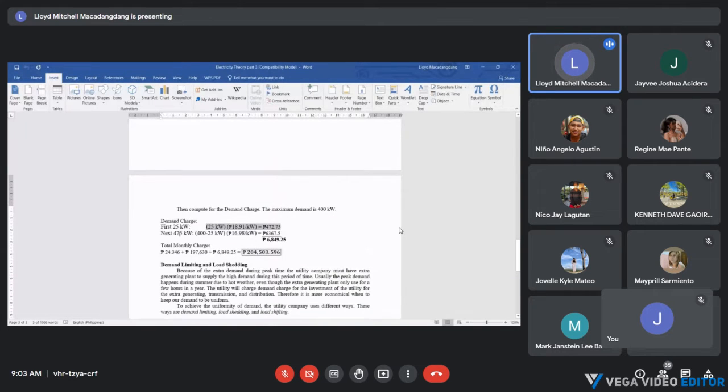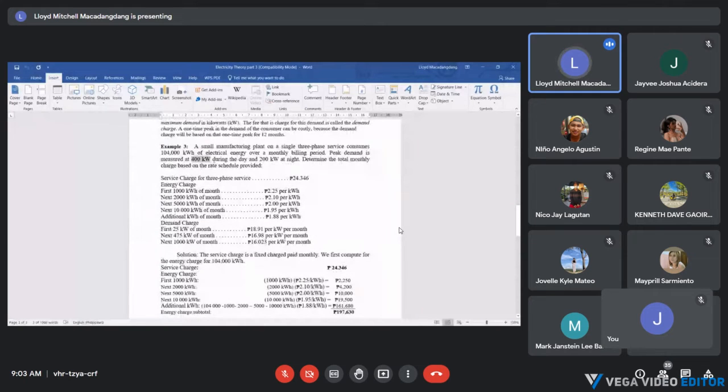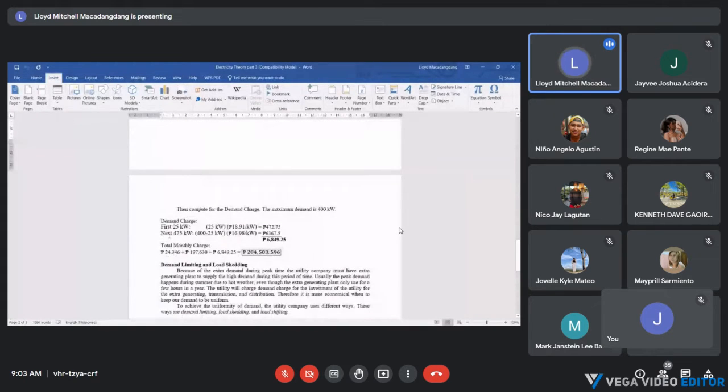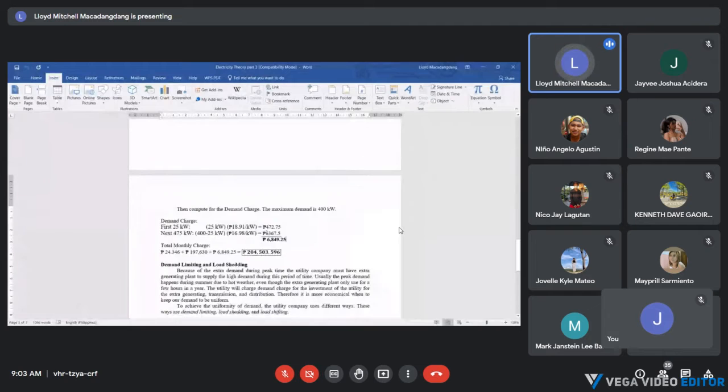For the next 475 kilowatts, we had 400 kilowatts, so we subtract the 25 kilowatts already charged and multiply by 16.98 per kilowatt, giving 6,367 for the demand charge of that portion.